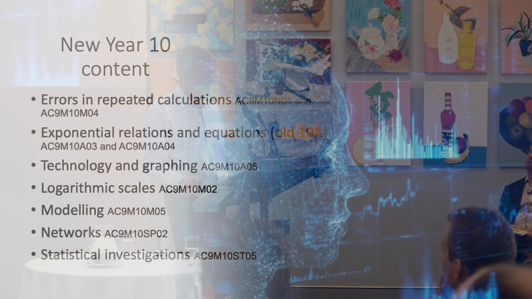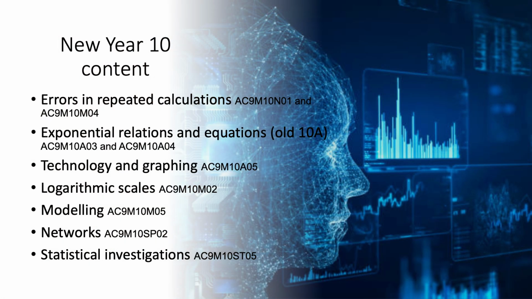Year 10's a little bit different. There's some new content there. There's an emphasis on the accumulation of errors in measurement calculations. Exponential relations and equations used to be in 10A, but are now in the core. There's more on technology and graphing, and introduction to logarithmic scales is now in the core course for Year 10.